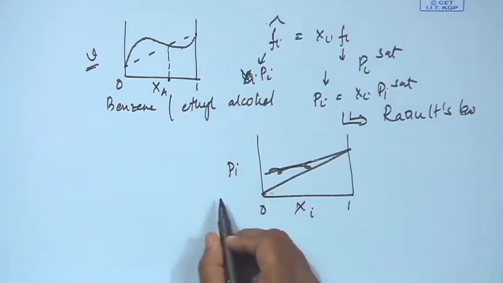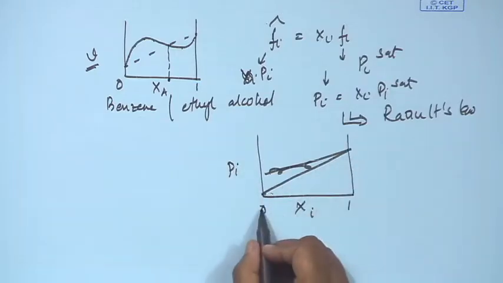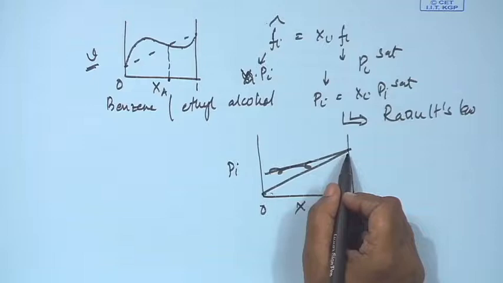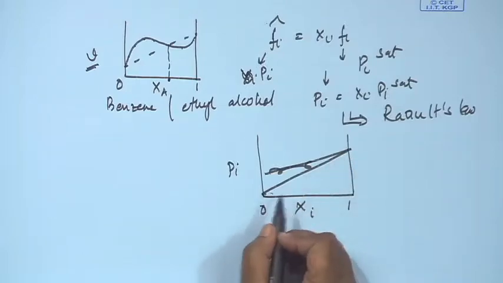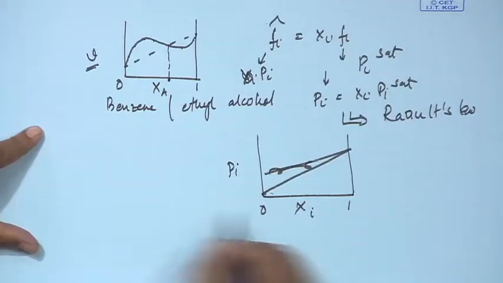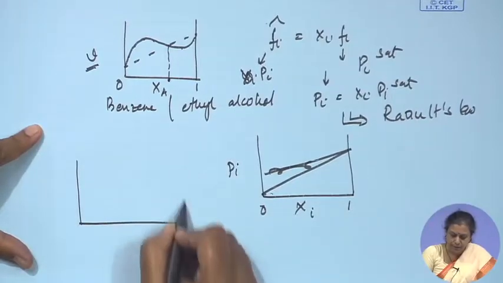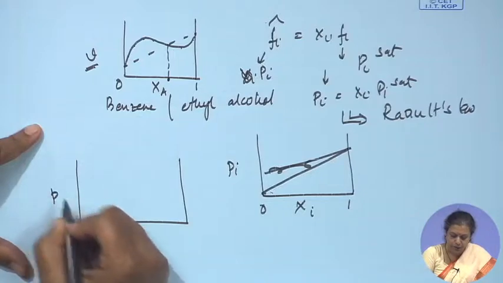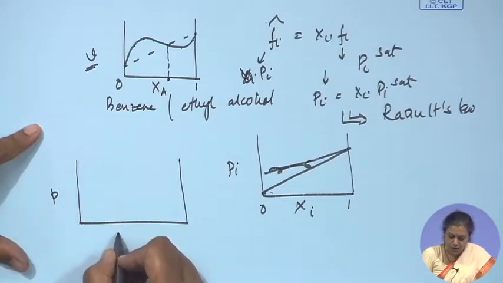So, a very safe test of the ideality of solutions is not to test the volume change of mixing or the enthalpy change of mixing at very few mole fractions. We can do it over a large range of mole fractions, or else the safest thing is just to find out the partial pressure, plot it, and look for the linear plot. In other words, suppose there are two components, component 1 and component 2, and we plot the partial pressure of both components here.